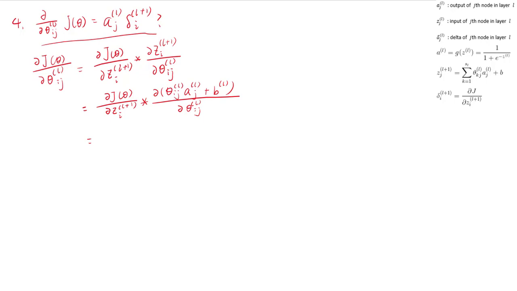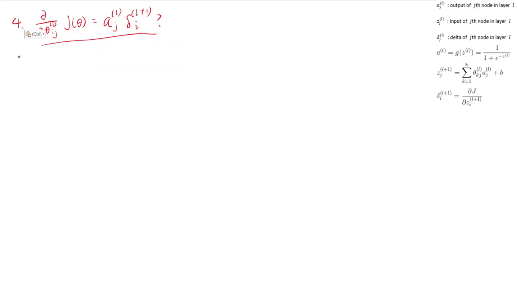As you can see, the first term is just delta i l plus 1, and the second term is just a lj. Although the order is different, since these two are values, when they multiply each other the value will be the same.